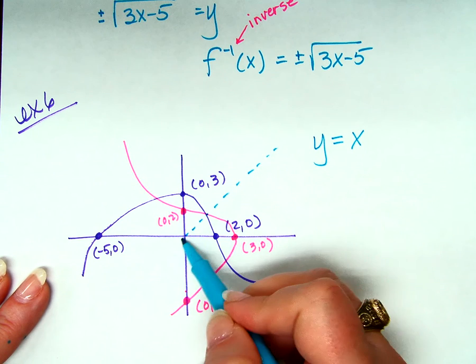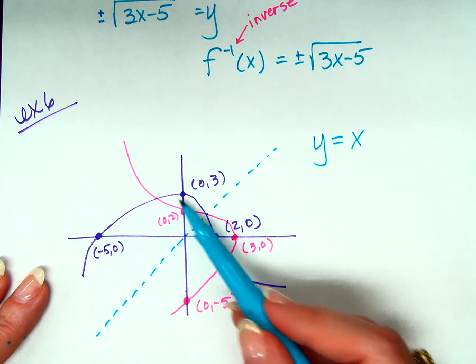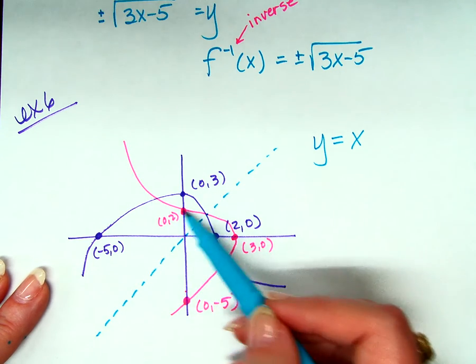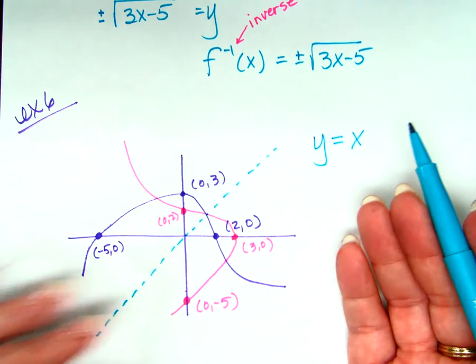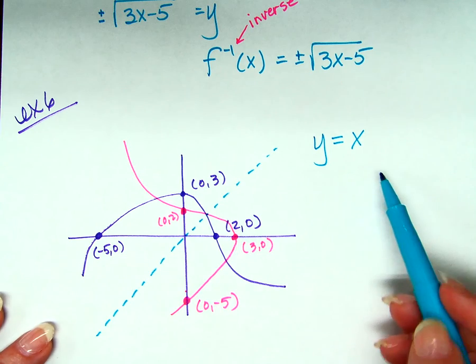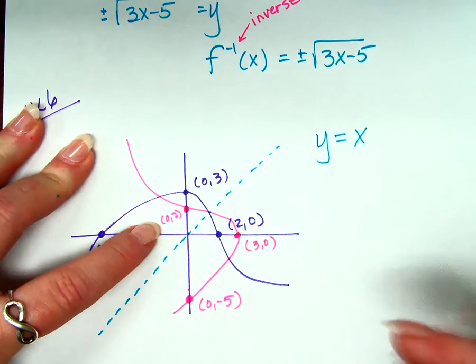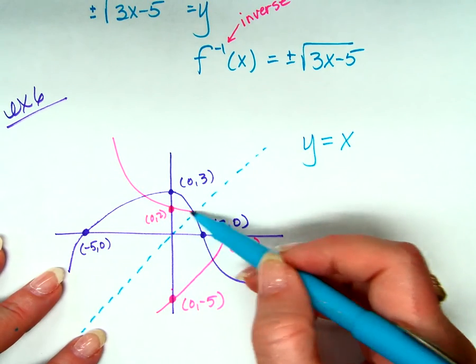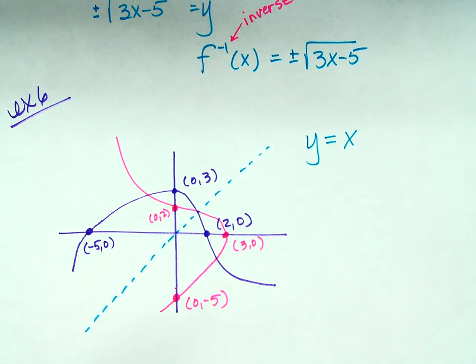And if I did, what I hope you'll see is that the graph and its inverse actually reflect across the line y equals x. If I folded this paper right on that line y equals x, you would see that these are on top of each other. They would be right on top of each other.